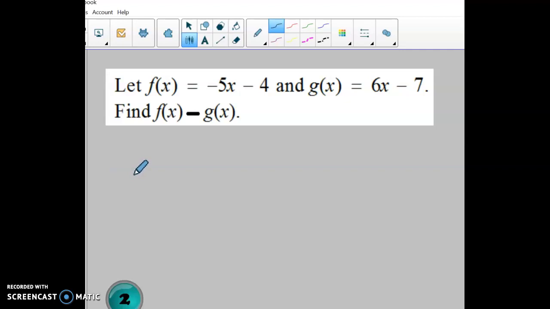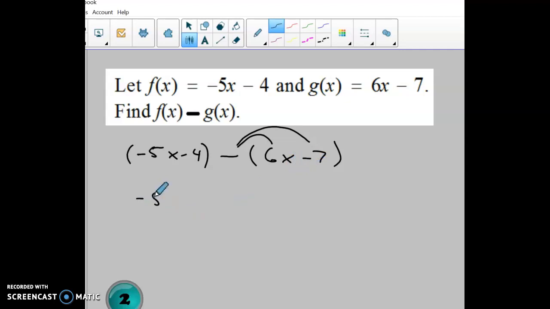Pause the video, give it a shot. All right, so subtraction is really no different. The only thing is I do make sure to use parentheses, especially on the back one, because you have to minus all of this. A lot of students will realize you've got to minus the 6x, but they'll treat this as a -7, when it's really minus -7.